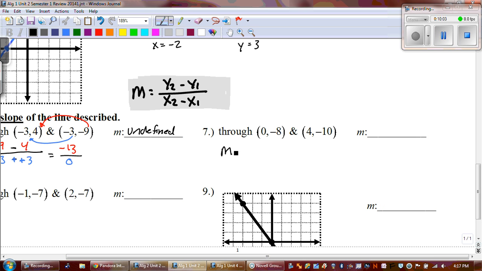Okay, number 7. Once again, I'm just already going to write that down. We have -10 and -8. And on the bottom, we have 4 and 0.